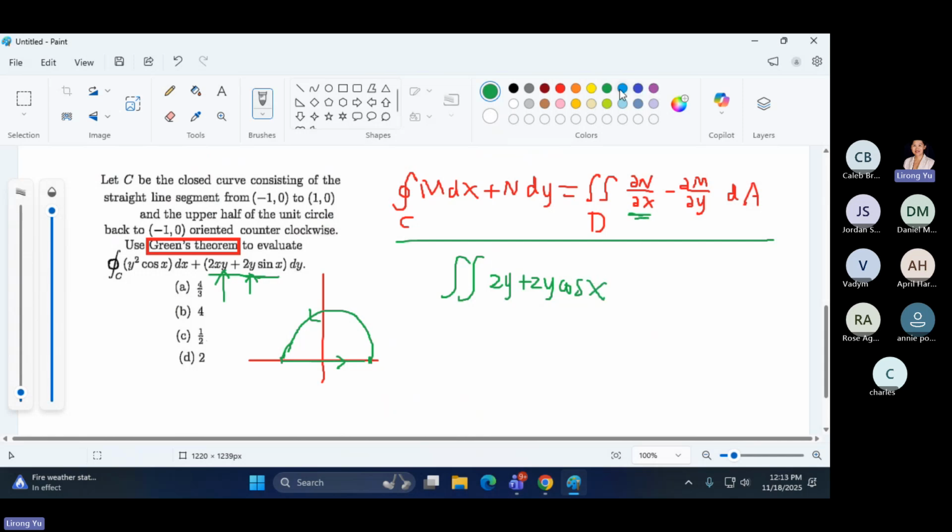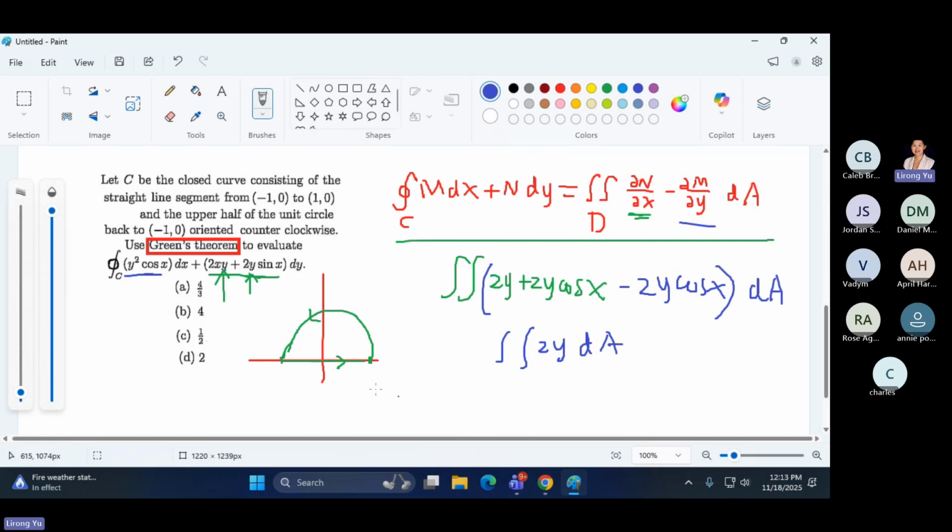Then we subtract dM/dy, which is minus 2y cosine x. And then dA. If we finish the whole thing, we'll cancel the trig part. All we have to do is a double integral of 2y dA.